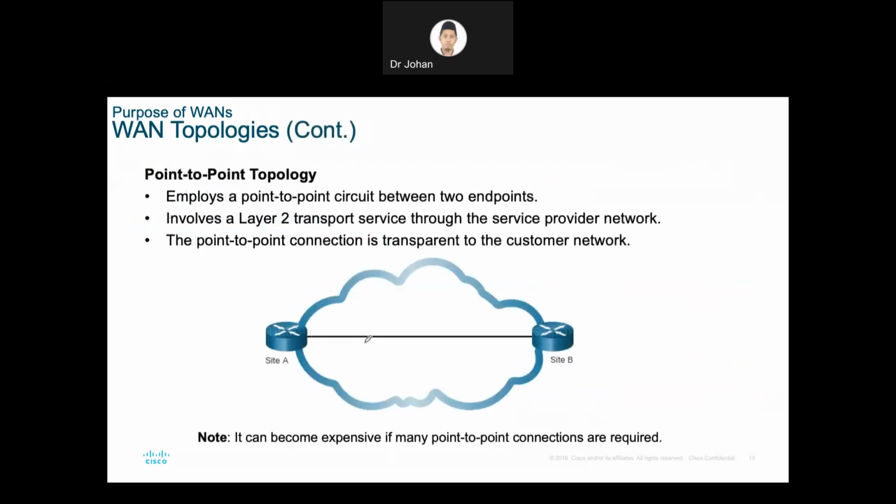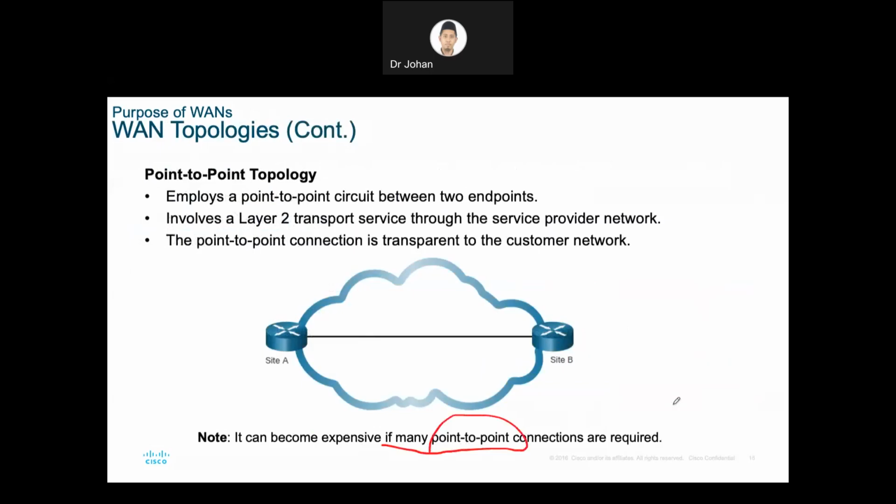First, point-to-point topology employs a point-to-point circuit between two endpoints. It involves a layer 2 transport service through the service provider network. The point-to-point connection is transparent to the customer network. It becomes expensive if many point-to-point connections are required.